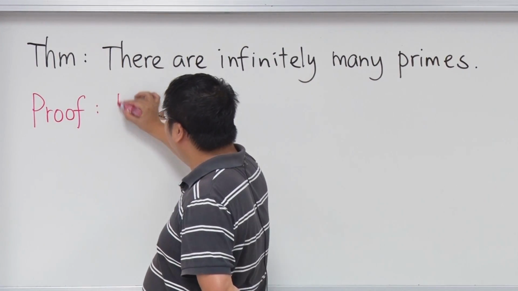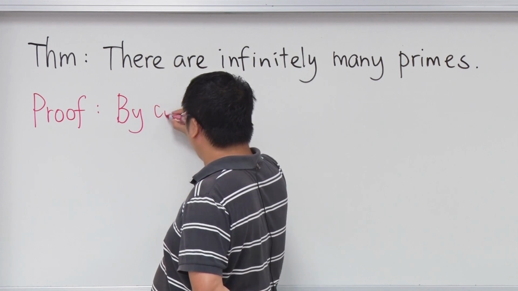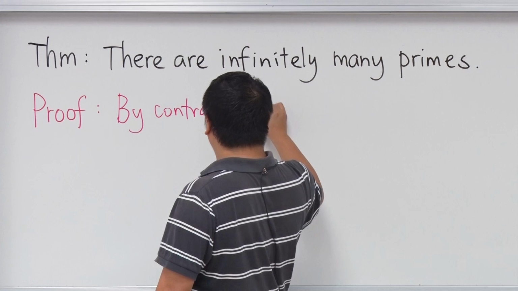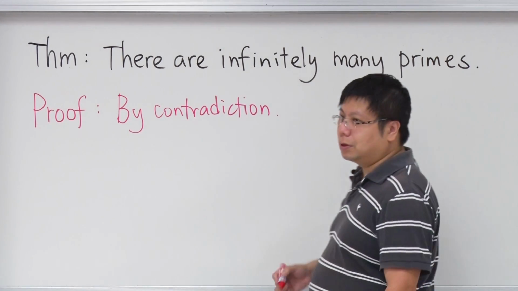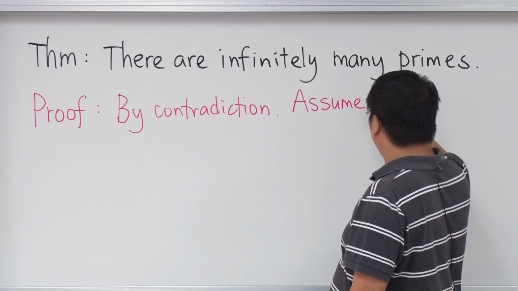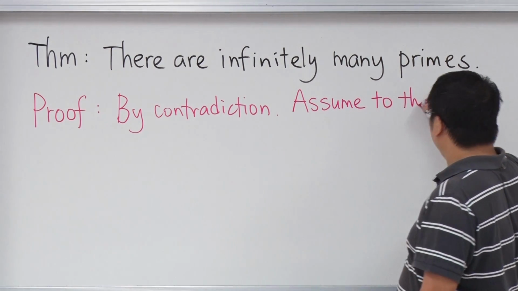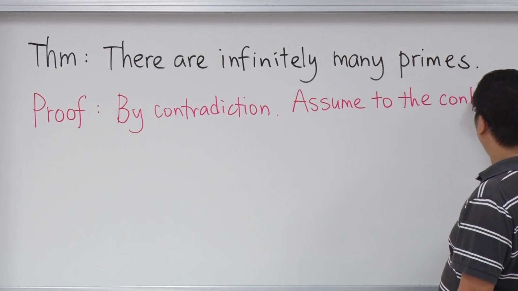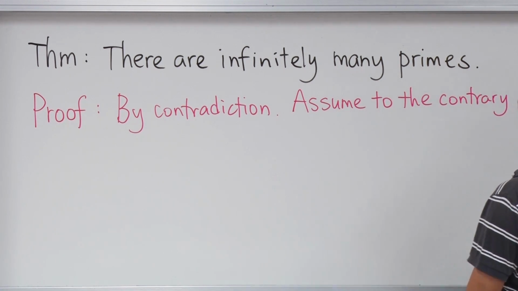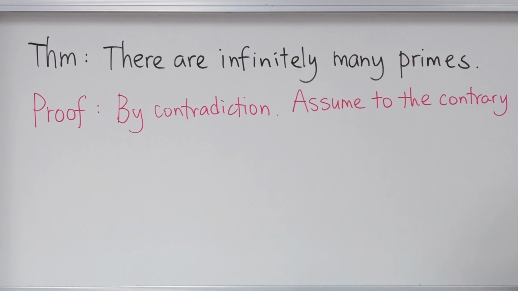So again, we write down by contradiction. We assume to the contrary that there are a finite number of primes.